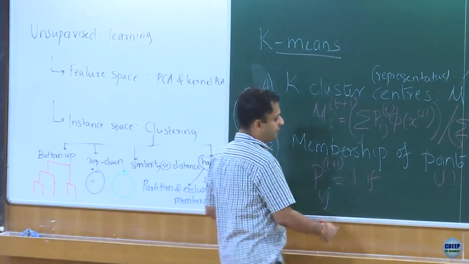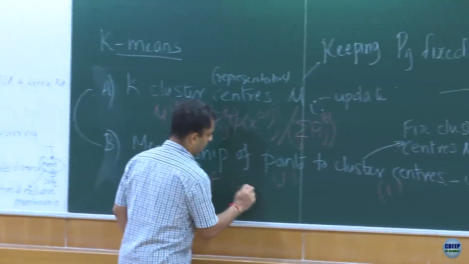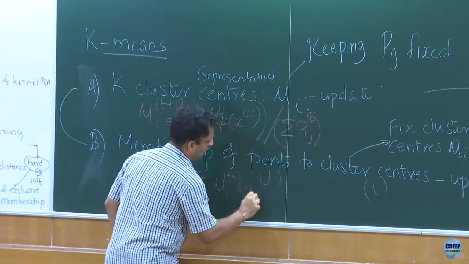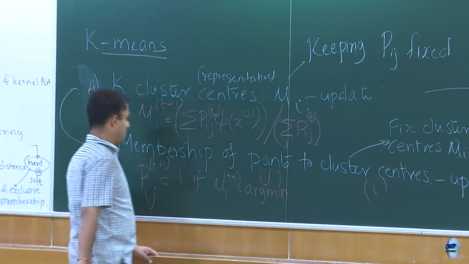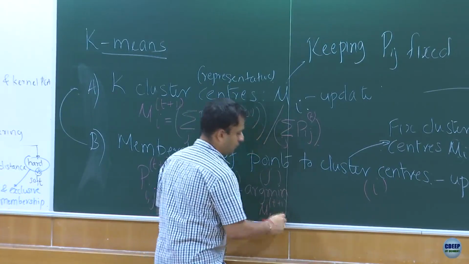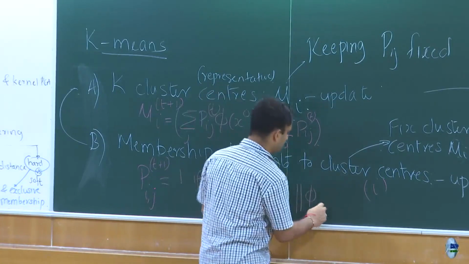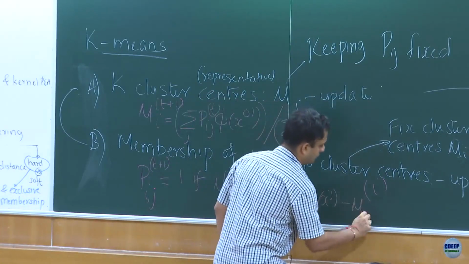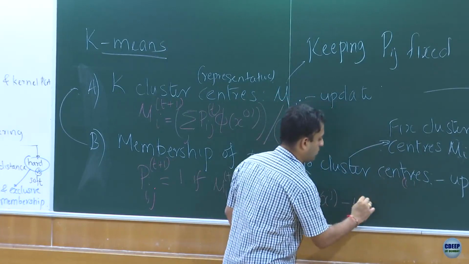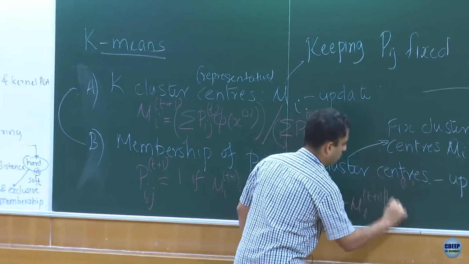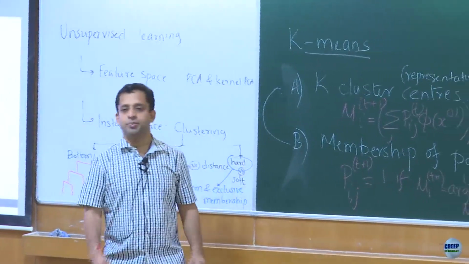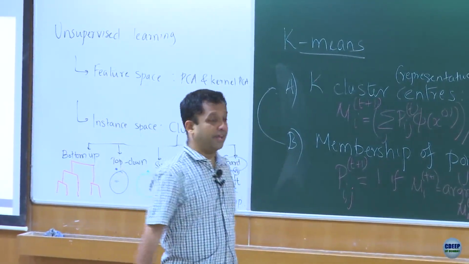So mu_i^(t+1) is that center which is closest to phi(x_j).